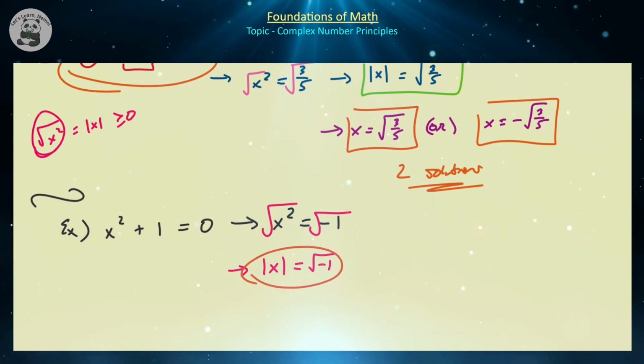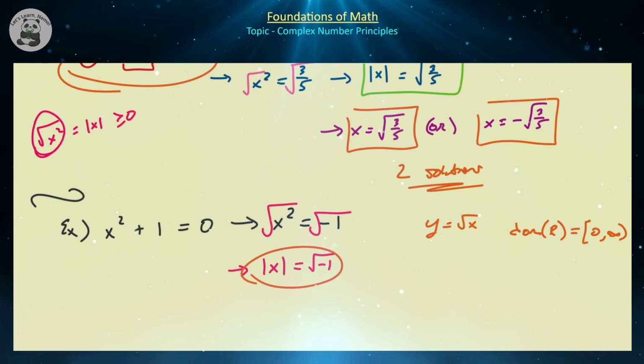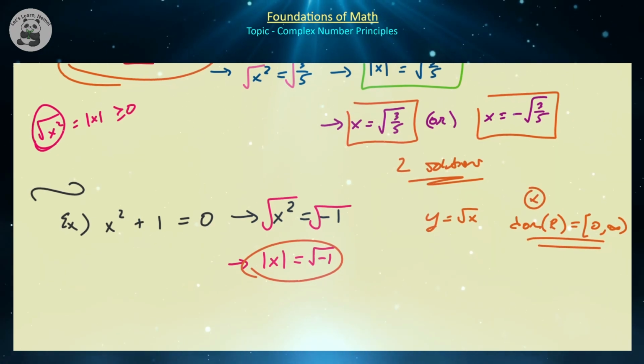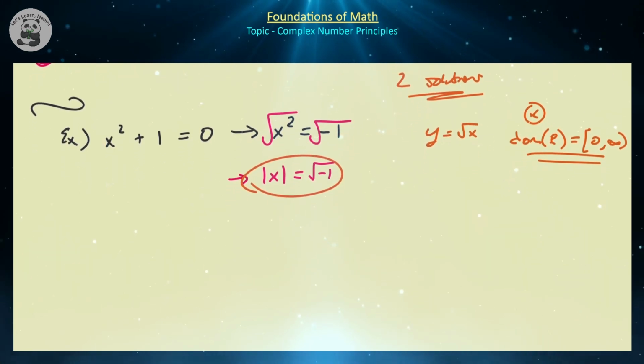And if you remember anything about the square root relation, y is equal to the square root of x, the domain for this particular relation is going to be all non-negative real numbers, right? At least for x. Agreed? So you're like, okay, well, the square root of negative 1 doesn't exist in the real numbers, so that's problematic.